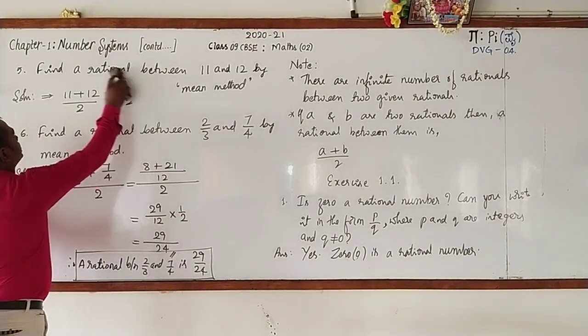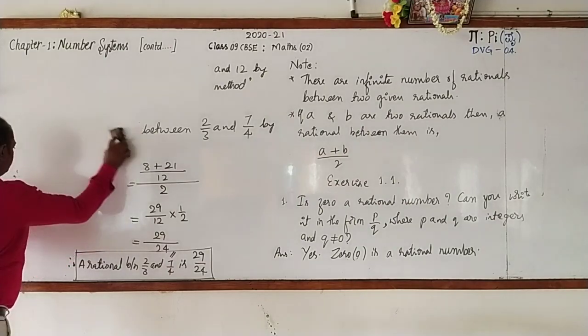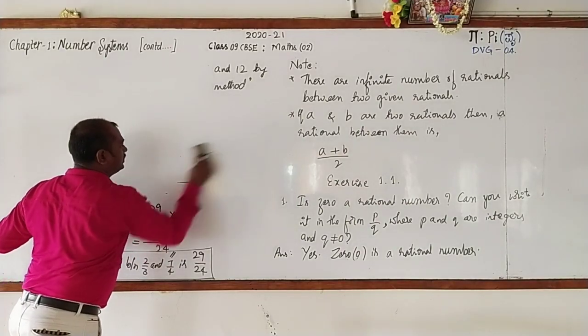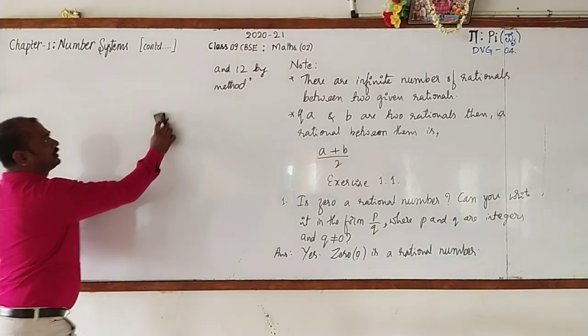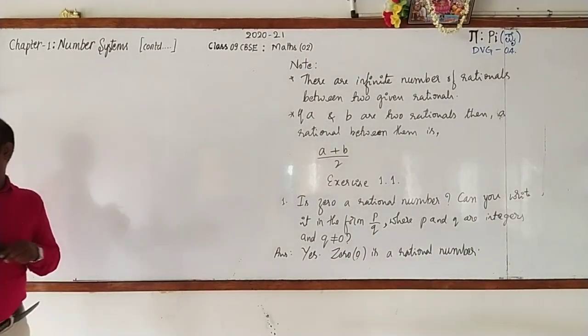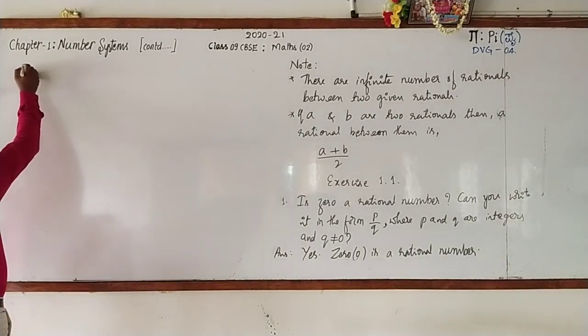Now, another sub question is there. What it is? Can it be written in the form of P by Q under the condition P and Q are integers and Q is not equal to 0? For that also we can write yes. Second answer for second sub question.